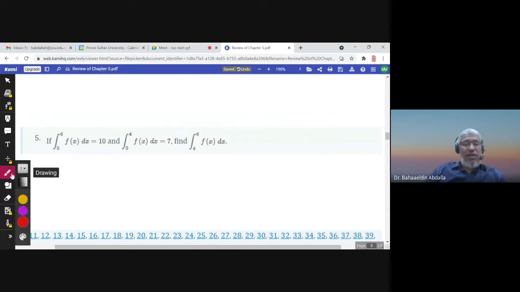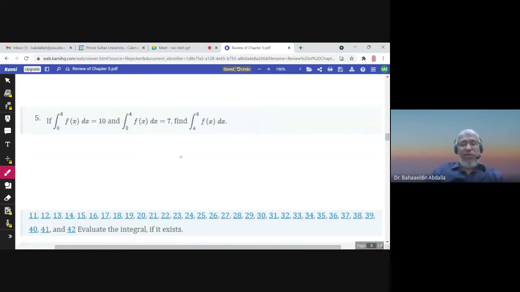This is the integral from 0 to 6 of f of x, from 0 to 4, find from 4 to 6. Well, I have 0, 4, 6. So I will start from 0 to 6. I will say that the integral from 0 to 6 of this function equals the integral from 0 to 4 plus from 4 to 6. This is a property.